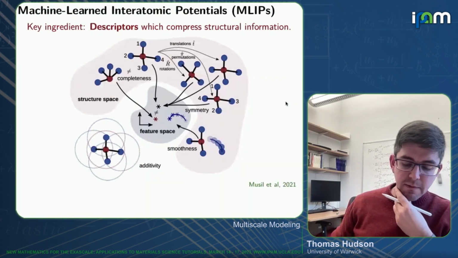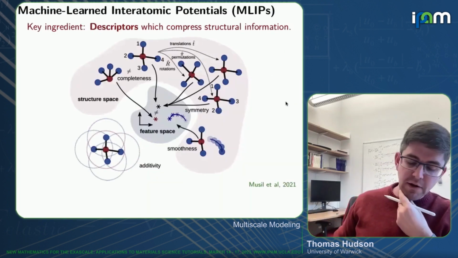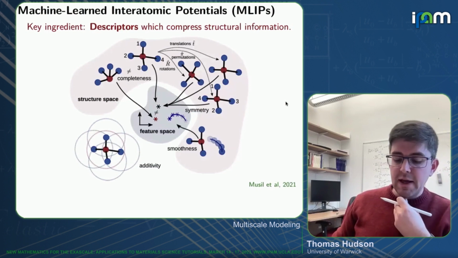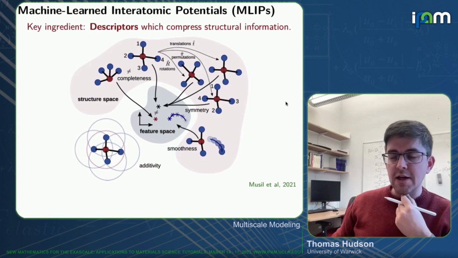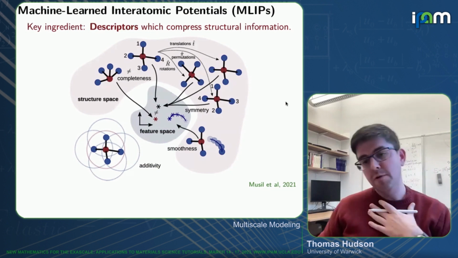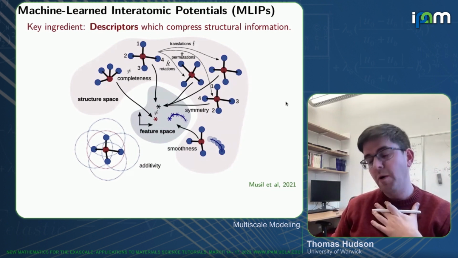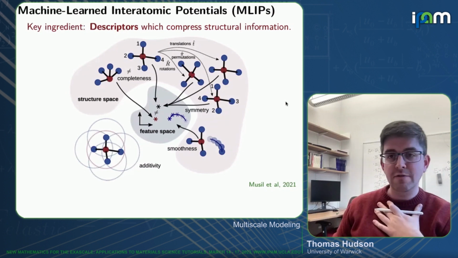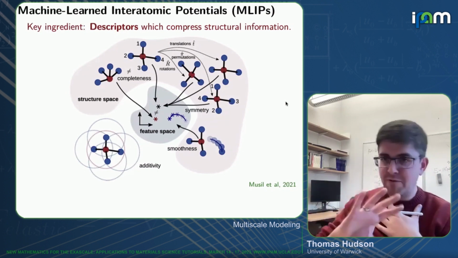And so the idea, maybe at a high level, behind a lot of these descriptors, particularly ones like GAP, is that you want to essentially remove symmetries from the description of your material. So, for example, we know in classical physics, with Galilean transformations, that our physics is invariant.